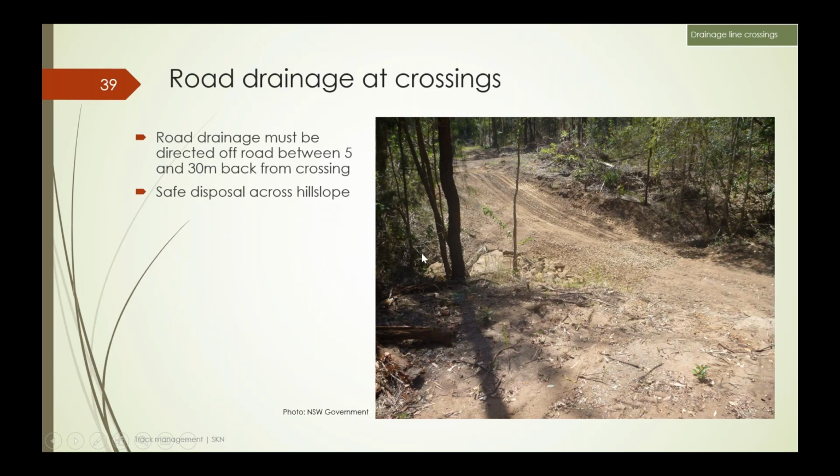And you can see from this picture, we've got a drainage crossing here, and we've got a diversion bank back here, perhaps 15-20 metres from the crossing, pushing water that's coming down the track out onto the forest floor so that it drains down here and takes a pathway through the forest where there's a much better chance that the sediment will be absorbed as the water infiltrates.